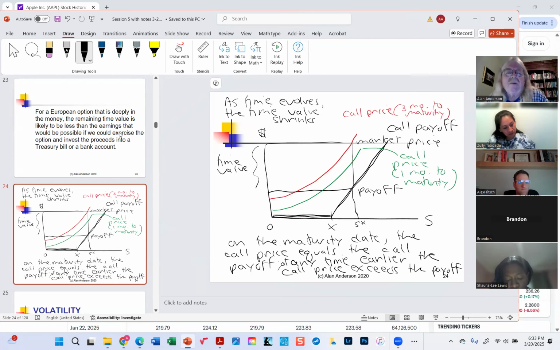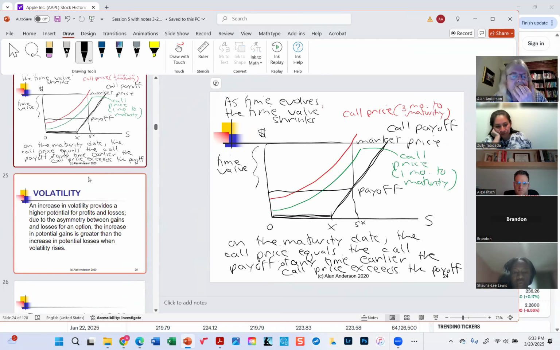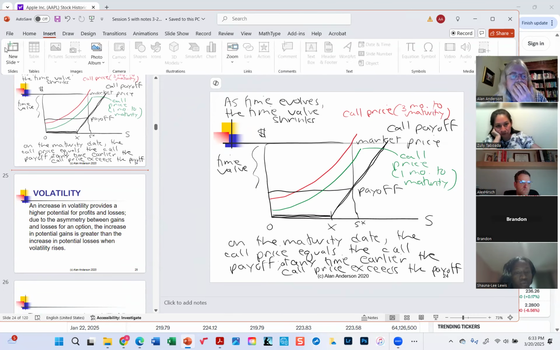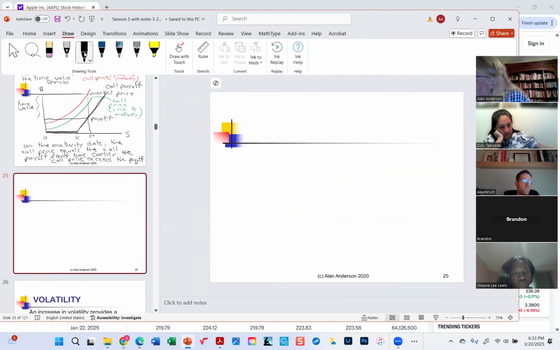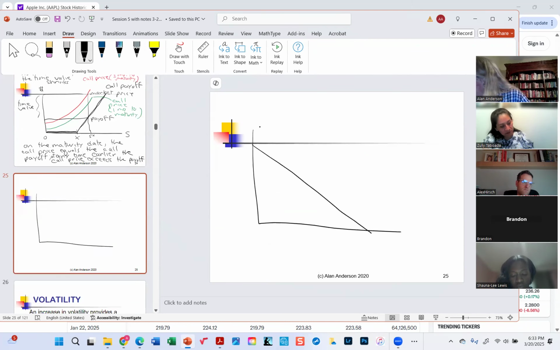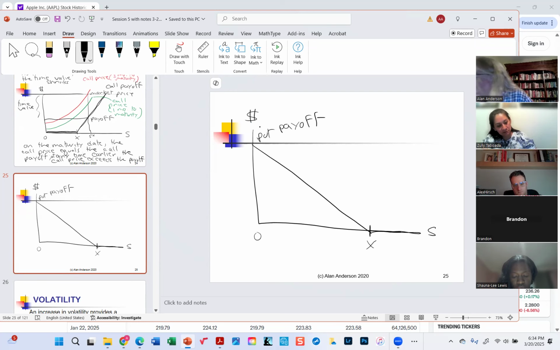Now, I'm going to do the same thing with a put. The put is the one where there can be a discrepancy between European and American. So if I do the same diagram for a put, I'm going to draw two graphs in here.